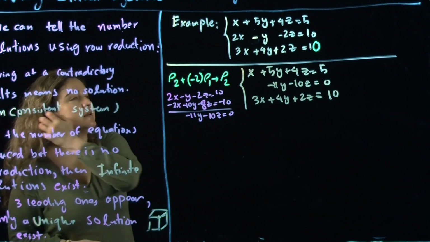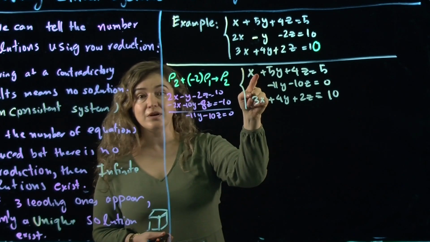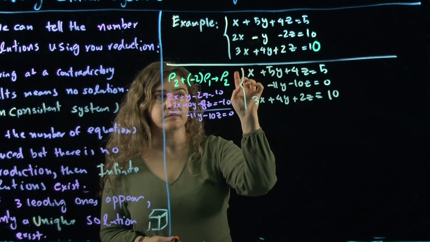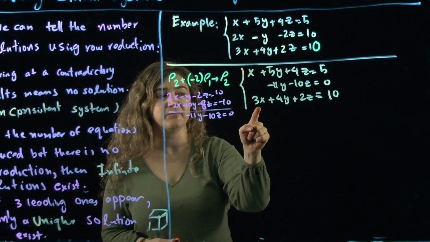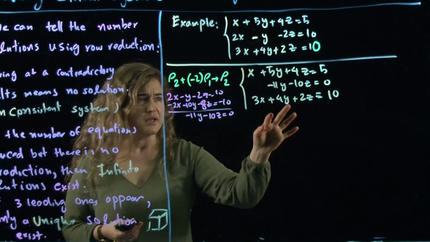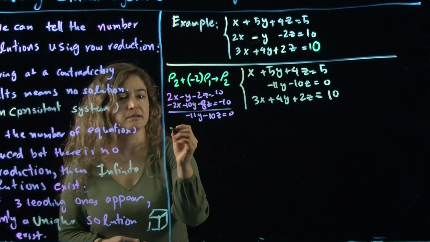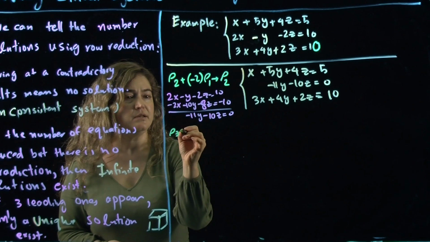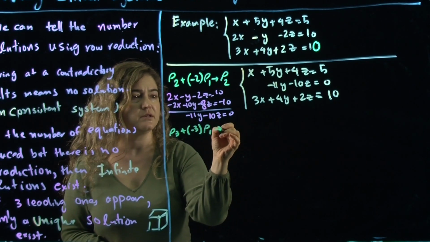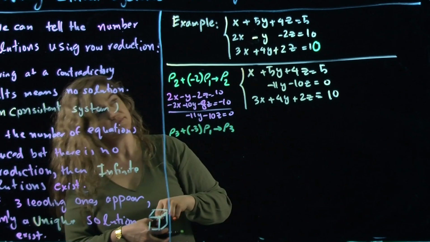The next thing that we need to do is to use the row with the leading 1 to eliminate the same variable in the last row. That is, row 3 plus negative 3 row 1 should go to row 3.